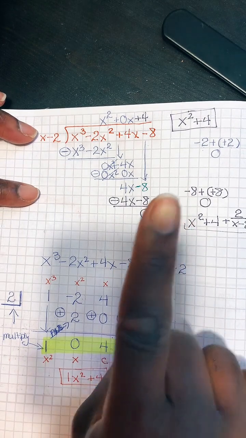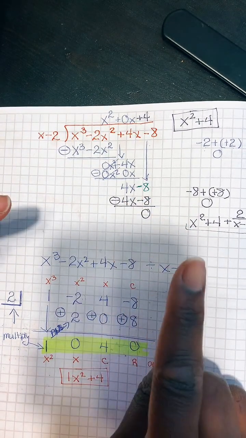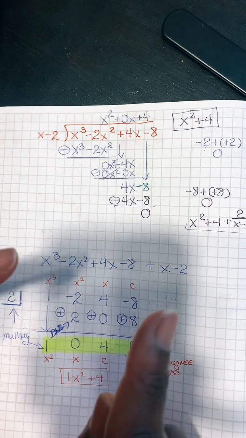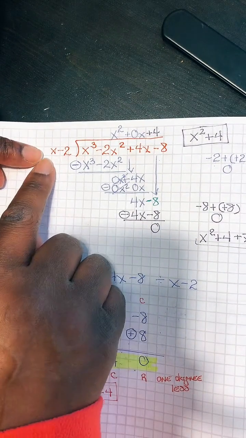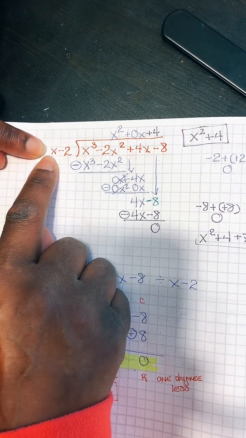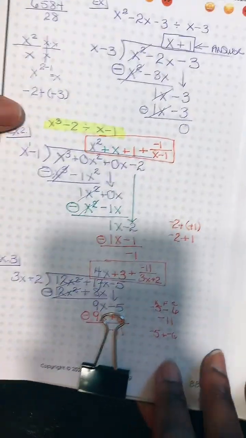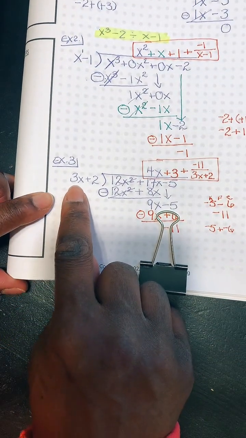But here is the trick. Synthetic division only works when your divisor has just an x in front. Remember this problem that we did back here? It has a 3x.